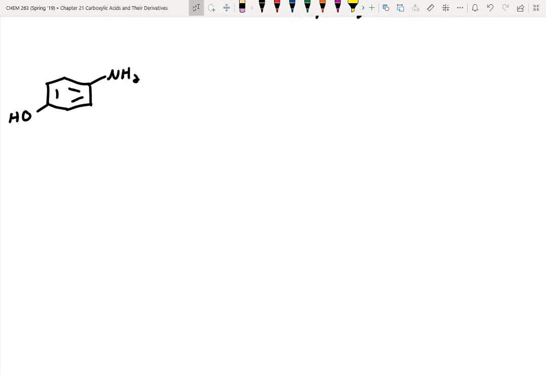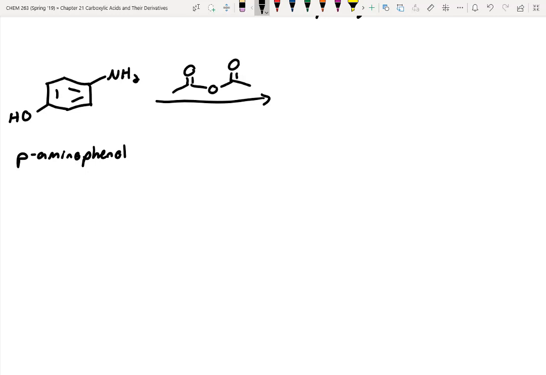In this case, it'd be para-aminophenol. So that would be the parent for this one. It's always hard to know which parent takes priority over the other one. I'm not concerned with you knowing that. All right, now what we're going to do is react this again with acetic anhydride. My question for you is which side will be acylated first, the oxygen side or the nitrogen side?